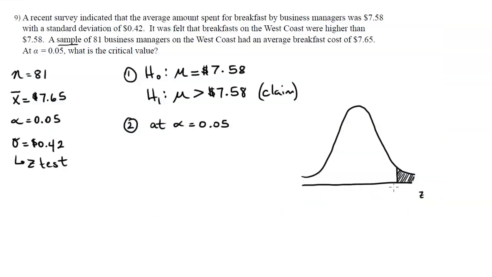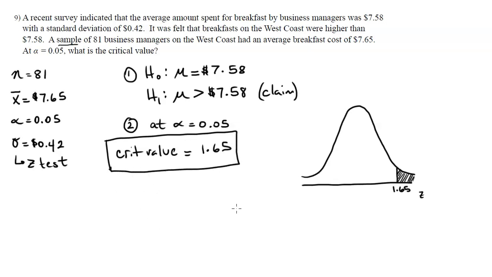So this critical value is 1.645. I'll call it 1.65. So the critical z, sometimes you'll see it listed that way, is 1.65. And that's the answer to the question.